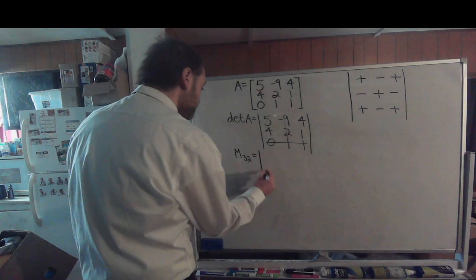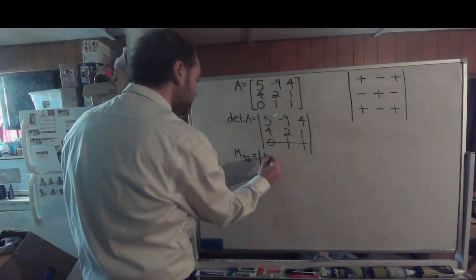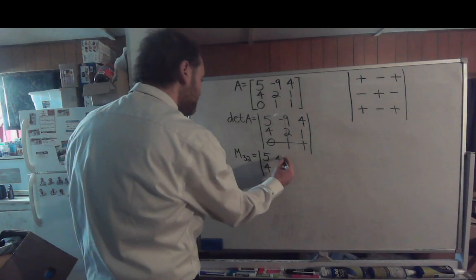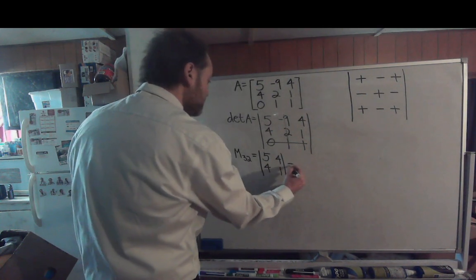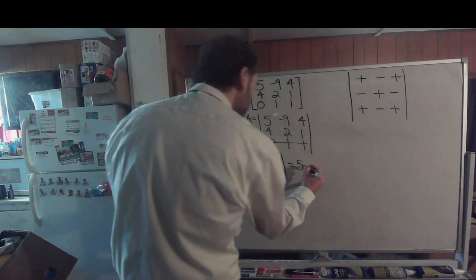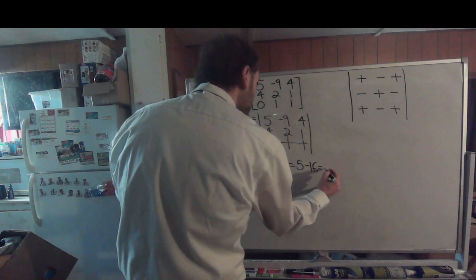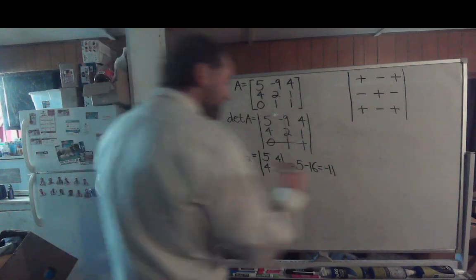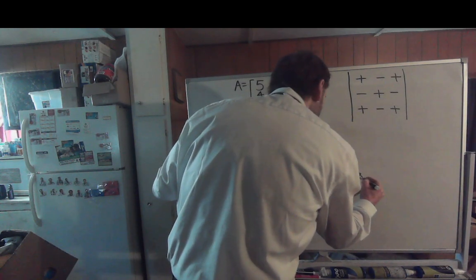So minor 3, 2 is the determinant of 5, 4, 4, 1. So that's going to look like 5 times 1, which is 5, minus 4 times 4, which is 16, which would be negative 11.